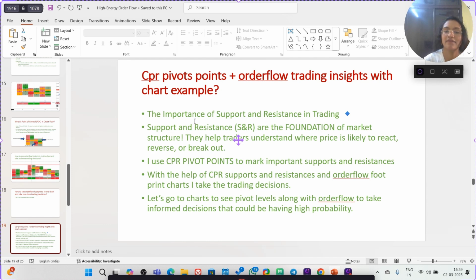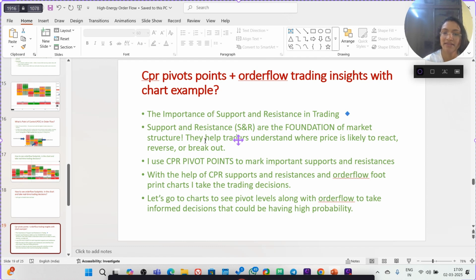You should have the concept of reading the supports and resistances and trading them, only then can you make the right trades. So how do I find these supports and resistances? I find them with the help of CPR pivot points.